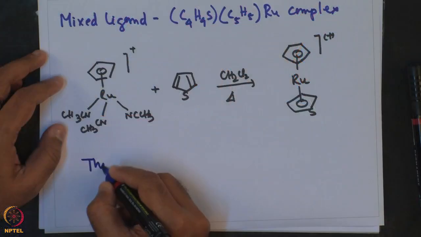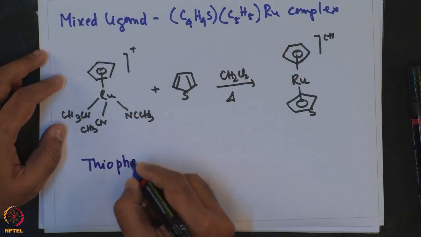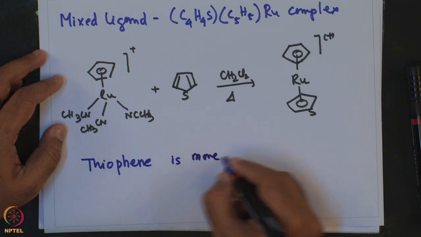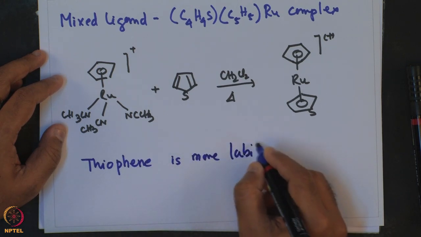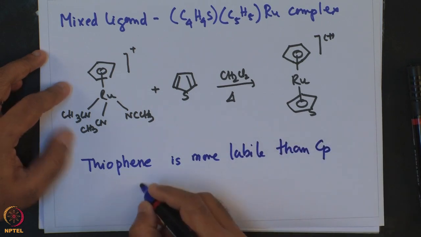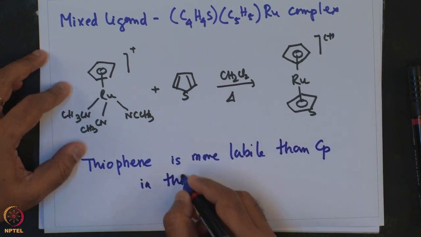So, thiophene is more labile than Cp in this complex.